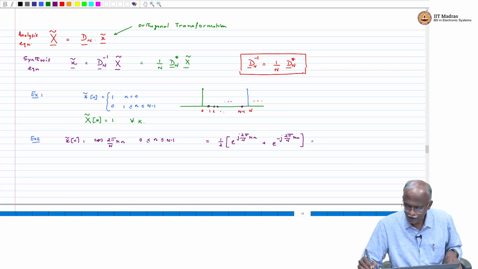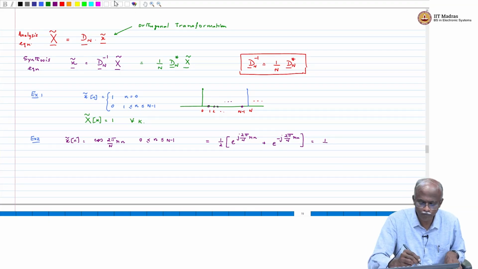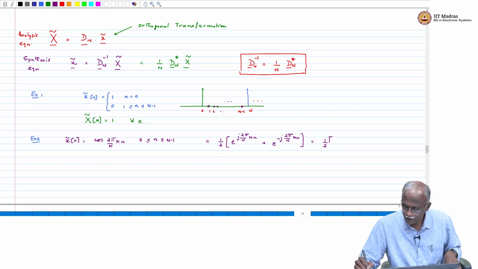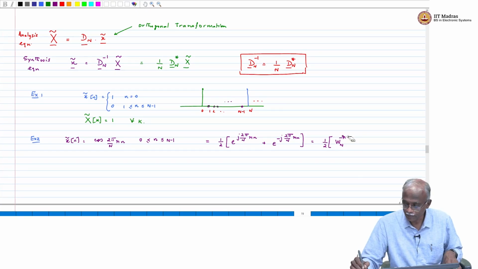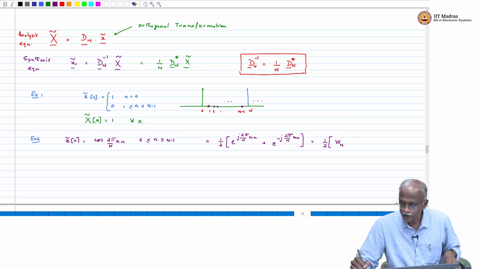You can write it also in terms of the W expression. So this is 1/2. Notice the first term will correspond to W_N to the minus r n. Make sure you don't miss out the minus sign. So this will be minus r n, and the second term will be W_N to the r n.